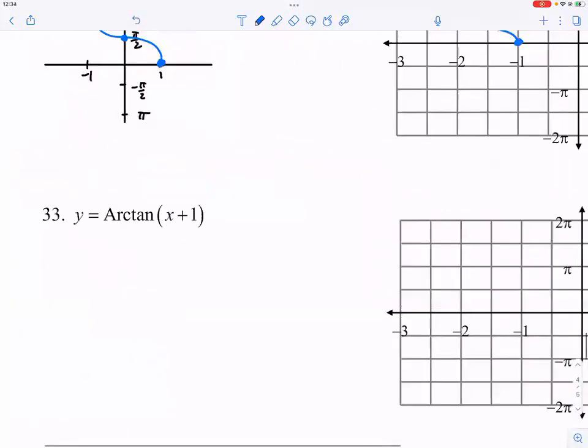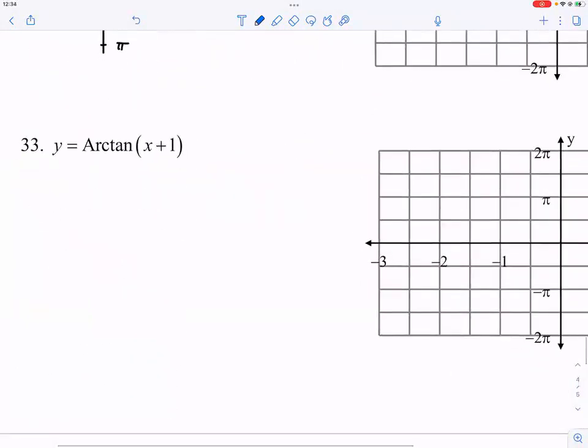All right, so now you can try number 33. 33 is moving to the left 1 unit. So I would do a very quick sketch. Now you can make this whole sketching process a little bit faster.